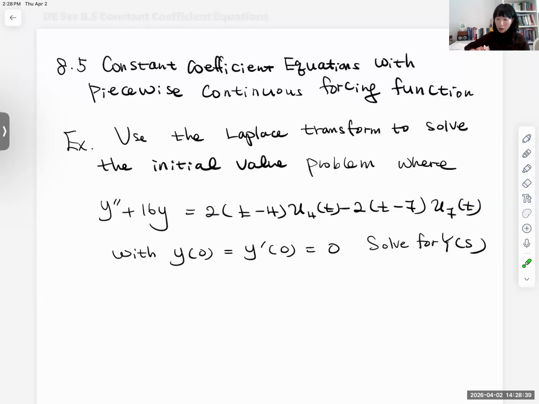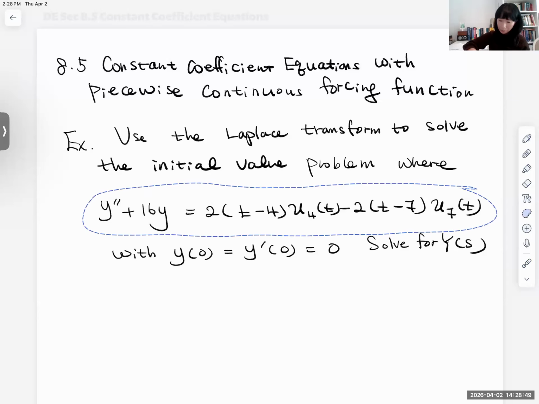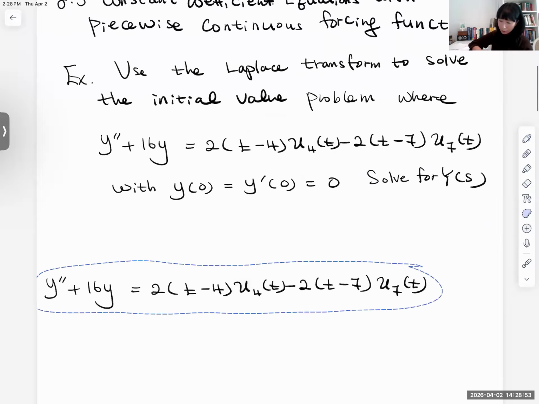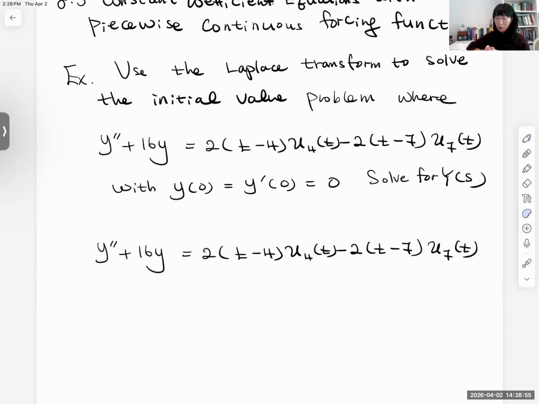First of all, from the original equation, let me copy it here.